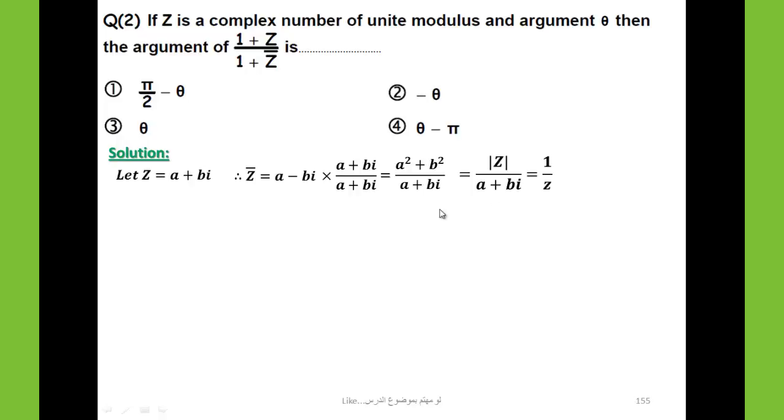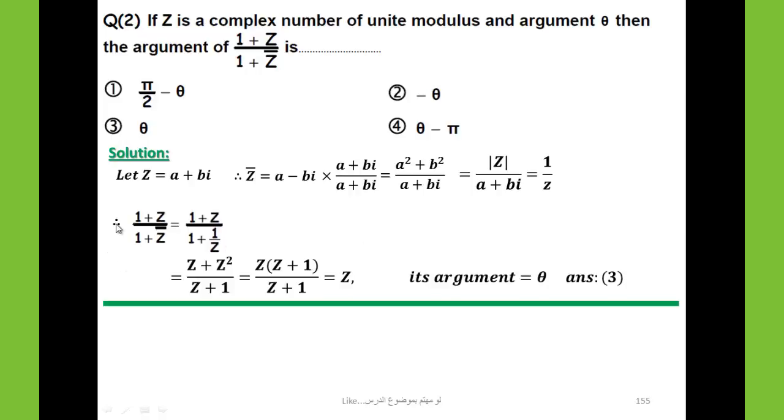So we proved that z bar equals 1 over z, so I can substitute in the denominator. Instead of z bar, we can write 1 over z. So 1 plus z over 1 plus z bar equals 1 plus z over 1 plus 1 over z.